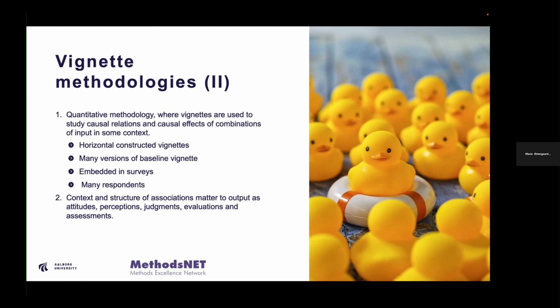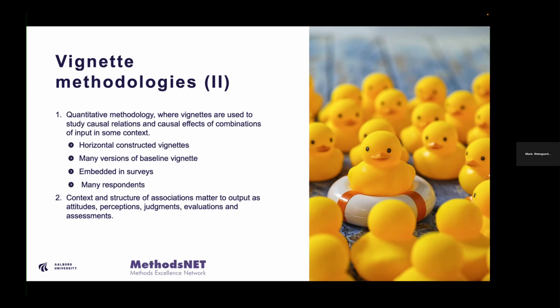So where in qual you will see vignettes sometimes quite complex in terms of the storyline, what we call vertically constructed vignettes, in quant it's more normal to construct very small storylines, which can then vary on particular issues. This is what the literature calls a horizontally constructed vignette.